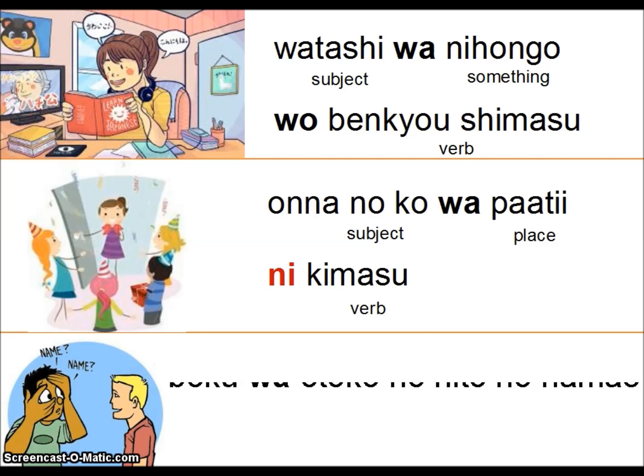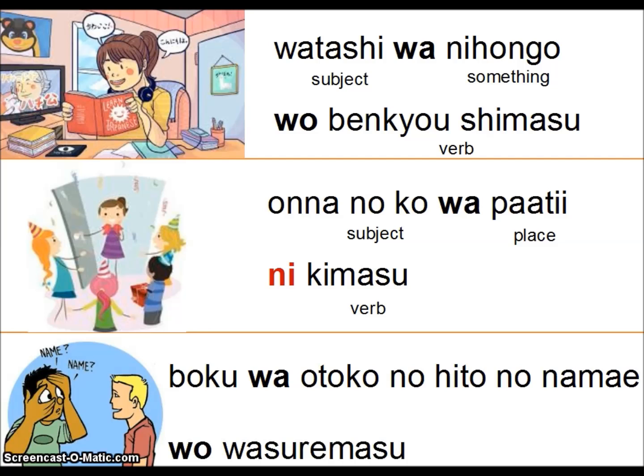What about this last one? 僕は男の人の名前を忘れます. Even though this seems like a really long sentence, look, it still fits the form that we've been using. It's still subject は something を verb. 男の人, it seems long, but this just means man.